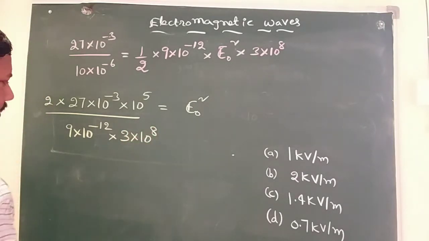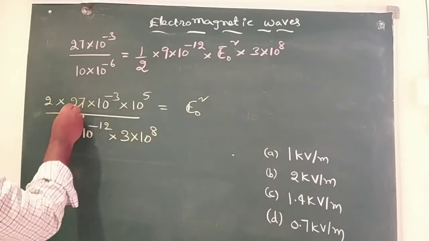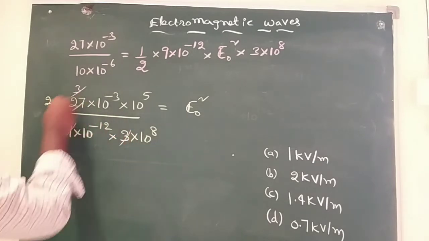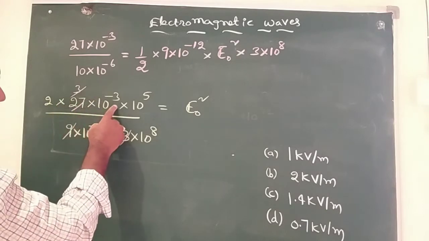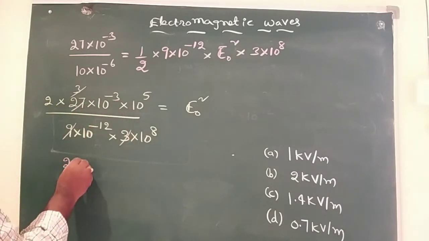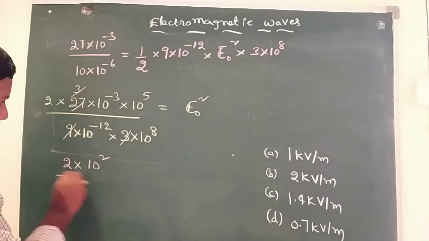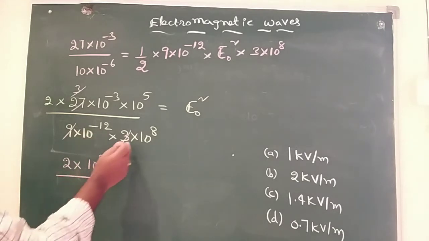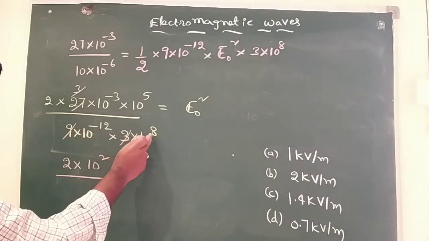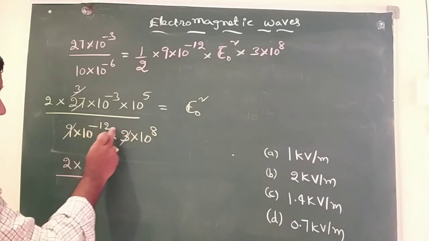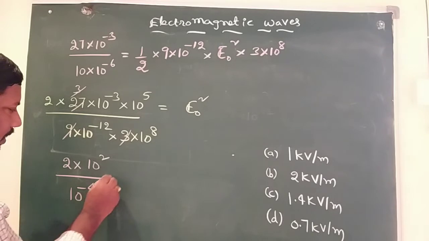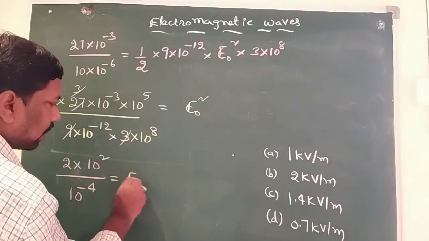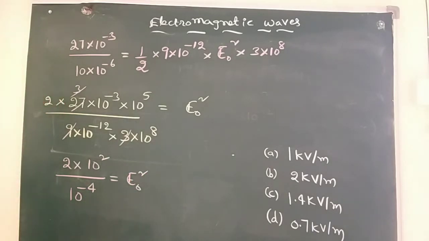Here the 9 and 3 cancel. Therefore 2 into 10 square by 10 power minus 12 into 10 power 8, that means 10 power minus 4, equal to E naught square.